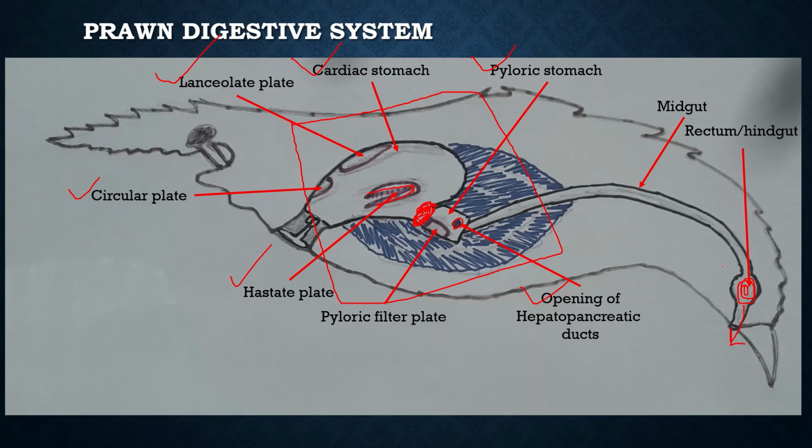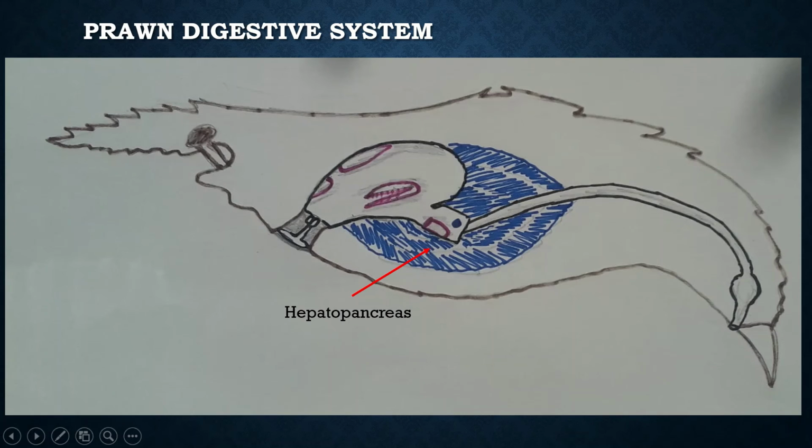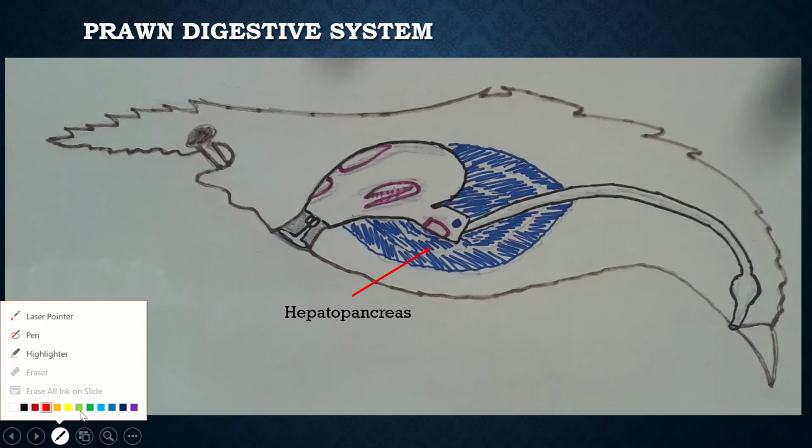Then about the digestive gland, here there is only one digestive gland, called the hepatopancreas. This hepatopancreas is a large, bilobed, dense, orange glandular structure, and this gland fills nearly the whole cephalothoracic cavity.